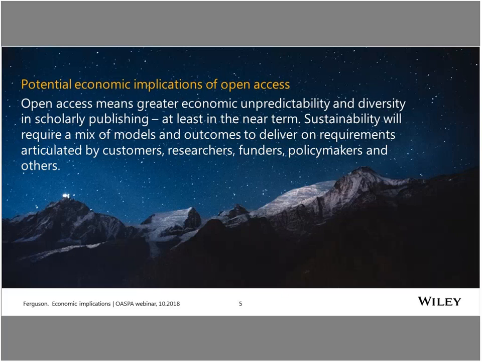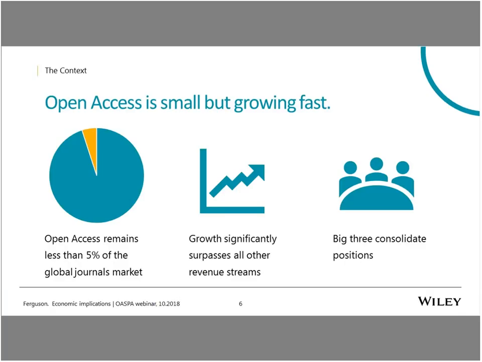Now, as Stuart said earlier, there's a lot of people on this line, more than before, so I'm going to take the opportunity to begin with some baseline information. First of all, open access still delivers less than 5% of the global revenues, which are about $10 billion, generated by journals publishing. And that despite open access output now accounting for significantly more than 20% of all research output.